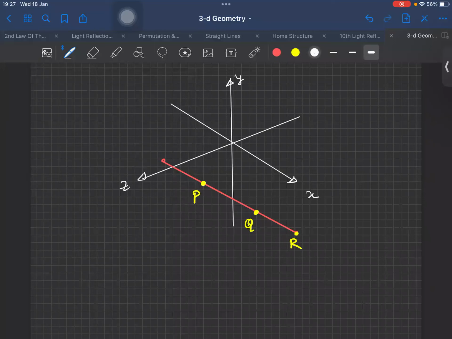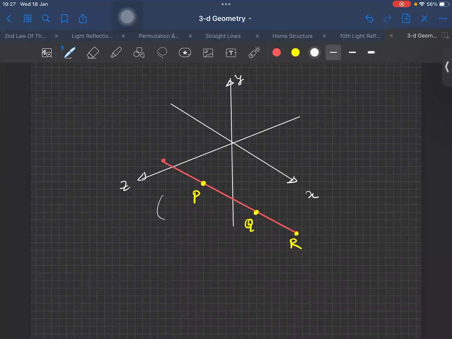A line cannot be on different planes. If you have a doubt, please let me know. Wherever the line passes, it will be on the same plane, no matter in which dimension you are drawing. It's just the rotation of the coordinate system. It may seem like it is passing through X, Y, Z, but that is because we have fixed the coordinate system like that. So a line will always lie on one single plane.